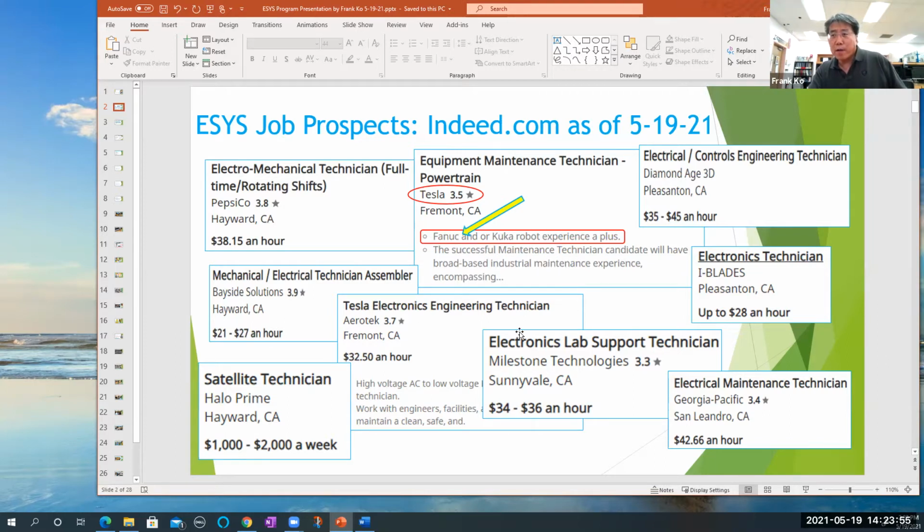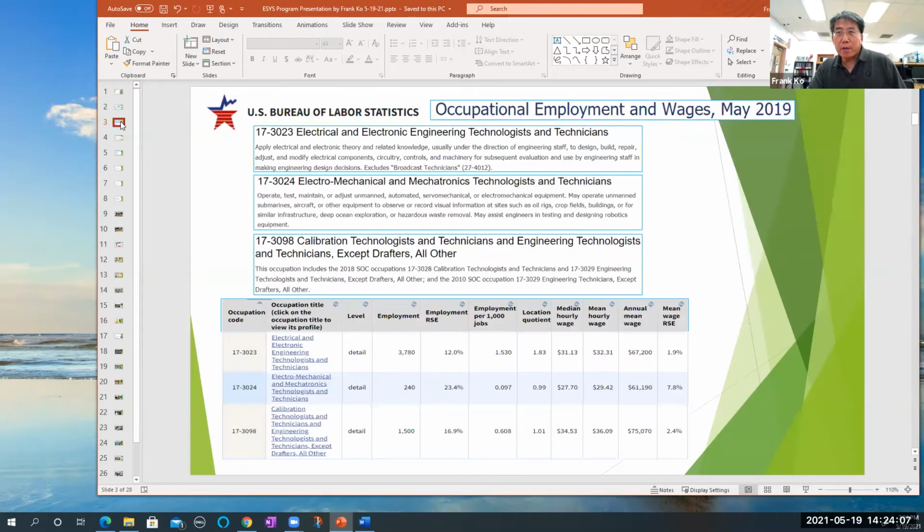In addition to that, there's also electrical maintenance technician, lab support. There's a lot of different opportunities in electronics technology. The Bureau of Labor Statistics looks really, really good, for all the different areas that we're engaged in.